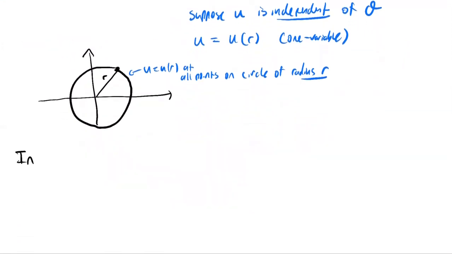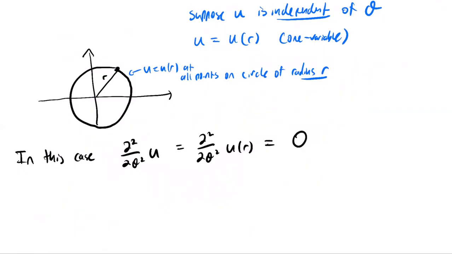So in this case, if I take the second derivative with respect to theta of u, this is the second derivative with respect to theta of just a function of r. Since it doesn't depend on theta at all, this is just 0 because it's constant with respect to theta. It only depends on r.